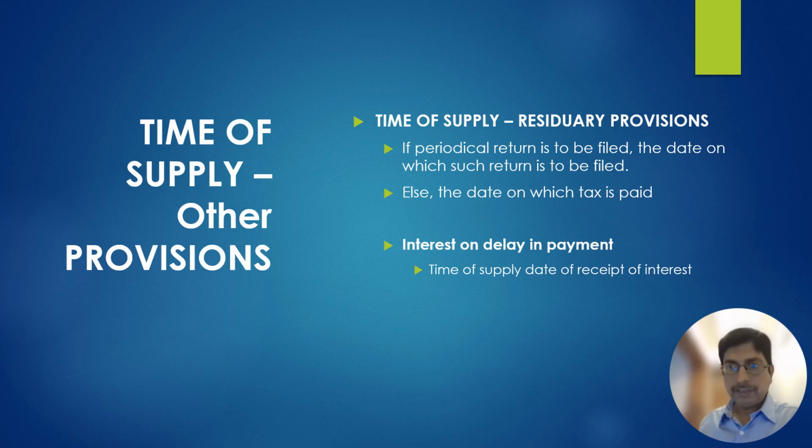Let's take an example. Suppose you exported services, zero rated. The amount is not received. Bad debts. When you export the service, you pass the entry AR to revenue. If the amount is not received, you are not going to reverse this entry. What is the event? Bad debt.